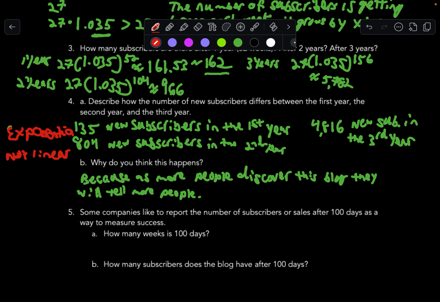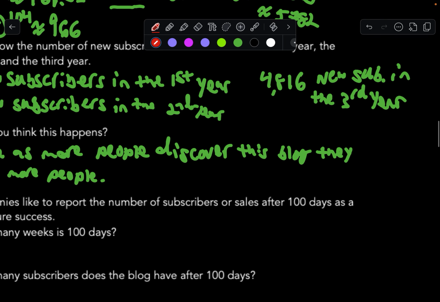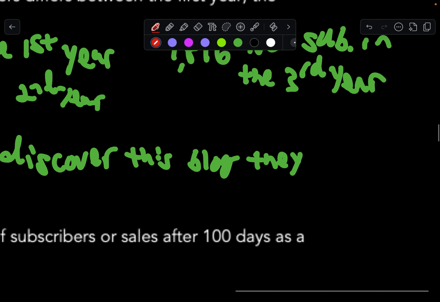Because no common difference. You're not adding the same number each time. All right, so it's a common ratio, because if you look at this, you would have 966 divided by 162.